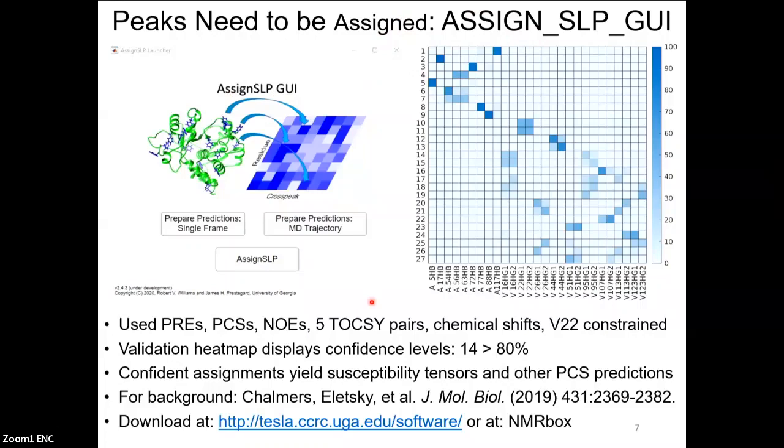You can use any combination that you like. It's based on a genetic algorithm search for the best match between predicted assignments, which are done in various ways within the program, and also externally, we download chemical shift predictions from any number of programs that are out there. And it matches those to your experimental data.